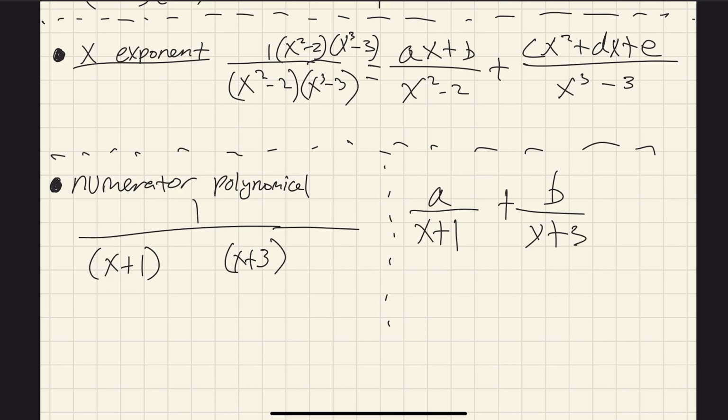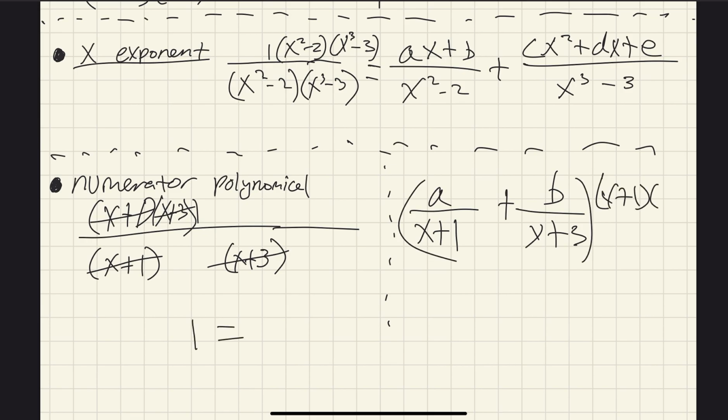So now when we multiply by x plus 1, x plus 3, and we get this stuff to cancel out, we get 1 equals a times x plus 3 plus b times x plus 1. Excuse the sloppiness, but I want to go a little fast.